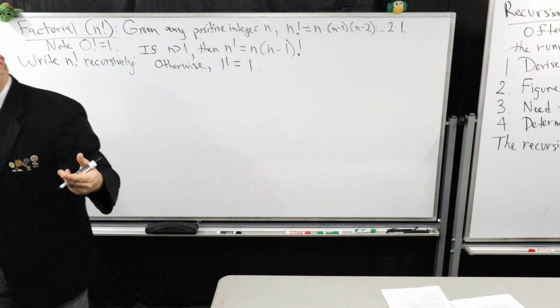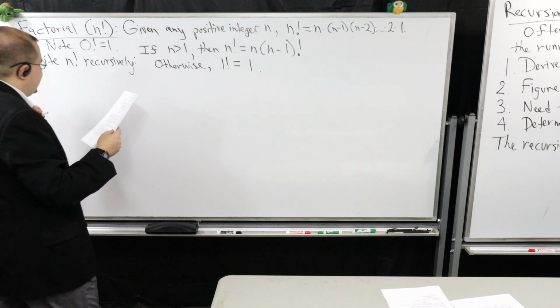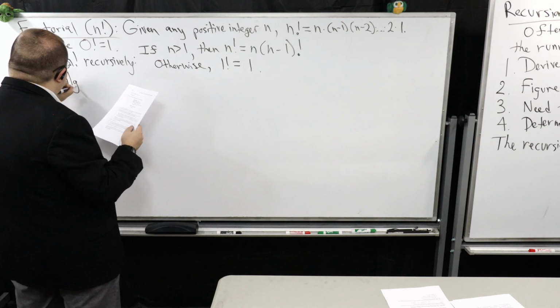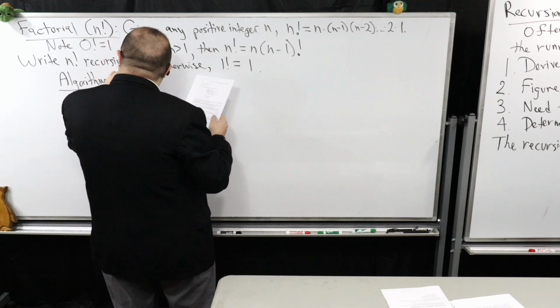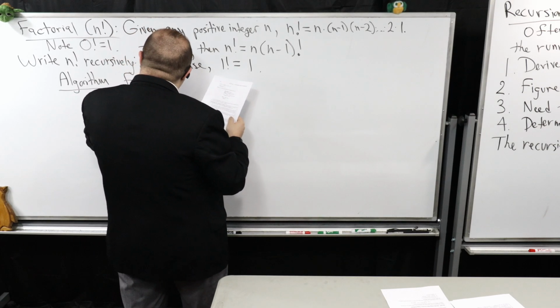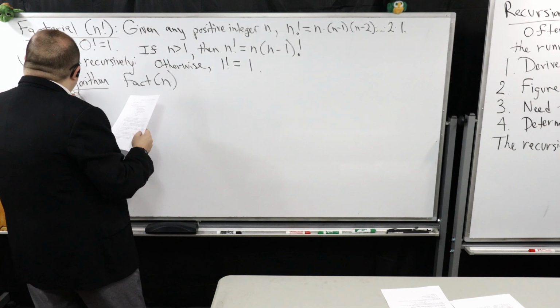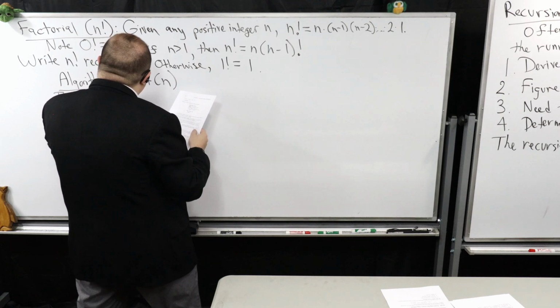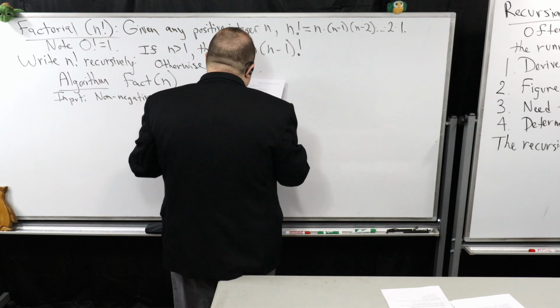So once you have that, you quite quickly could see how you could design a recursive algorithm that does this. So here's an algorithm for computing factorial. As input, it's going to take a non-negative integer, but for our purposes in our analysis, we're just going to assume it's positive.